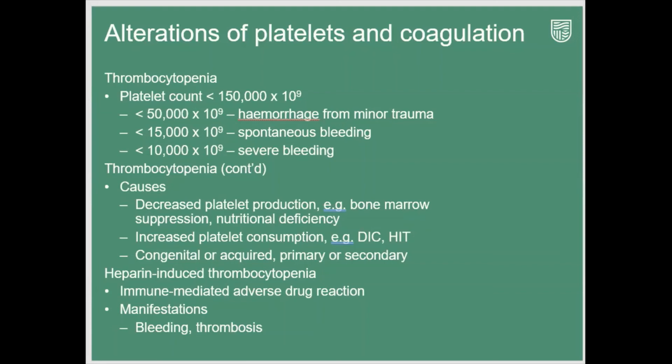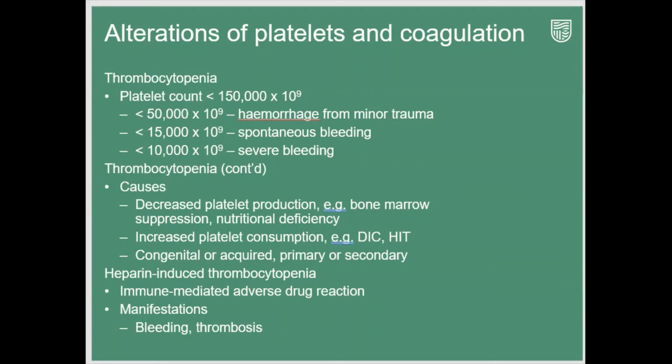The thrombosis of HIT results in complications such as deep vein thrombosis, pulmonary embolism, myocardial infarctions, and stroke. About 20 to 30% of people die from that. The treatment requires immediate discontinuation of the heparin therapy and using different anticoagulants.